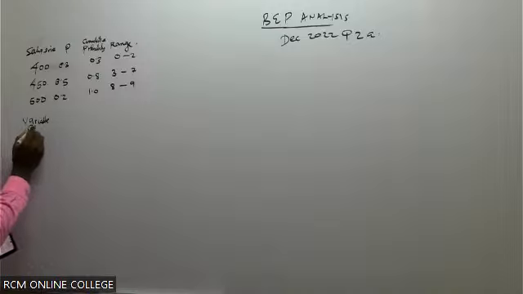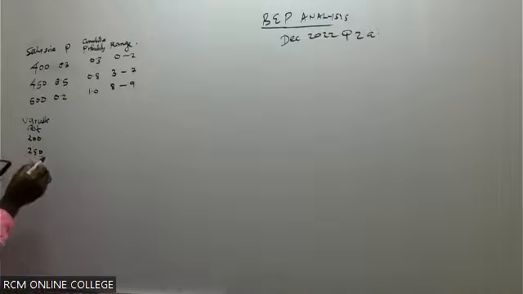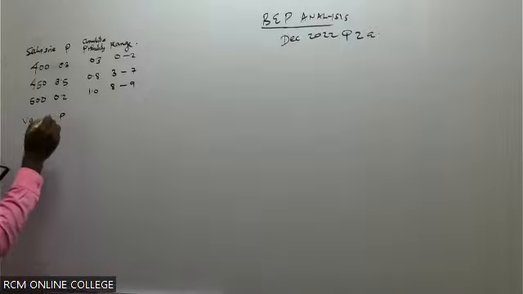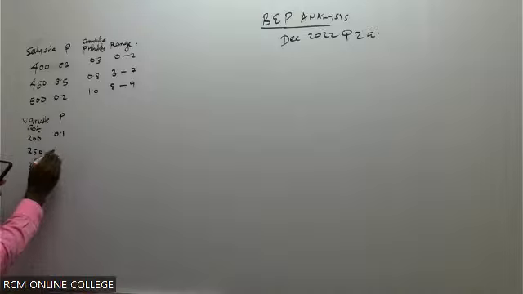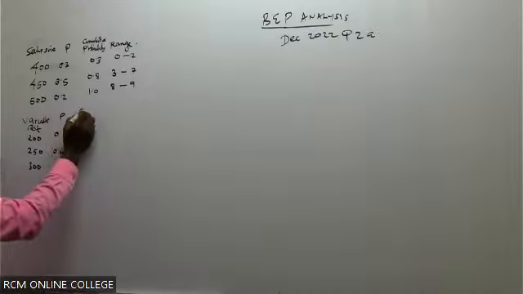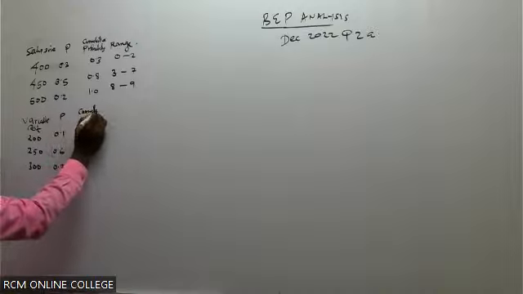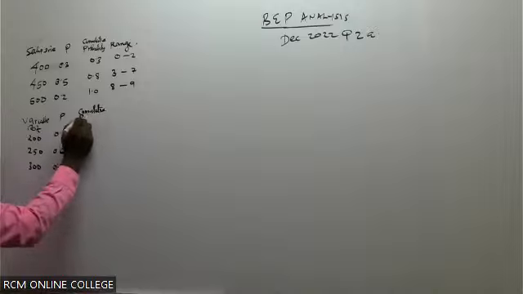Variable cost, we have 200. We have 250. We have 300. Then probability, we have 0.1. We have 0.6. We have 0.3. How about cumulative probability?